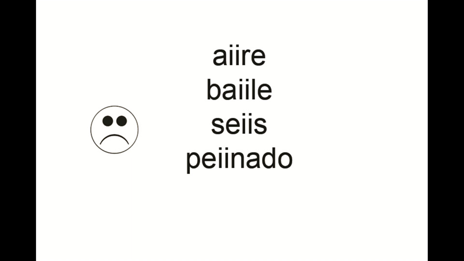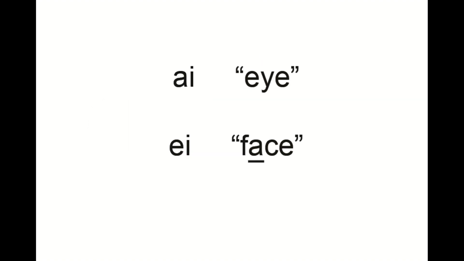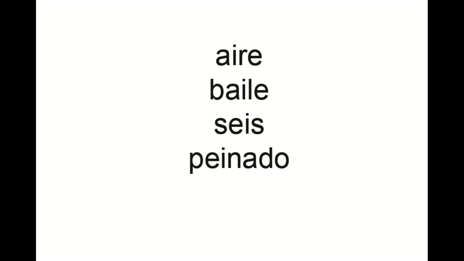One other thing English speakers tend to do is leave out the I altogether, producing words like are, vale, ses, penado. Both of these tendencies produce serious mispronunciations. The AI combination is pronounced like the English word I, and the EI combination is pronounced like the long A in face. Aire, baile, seis, peinado.